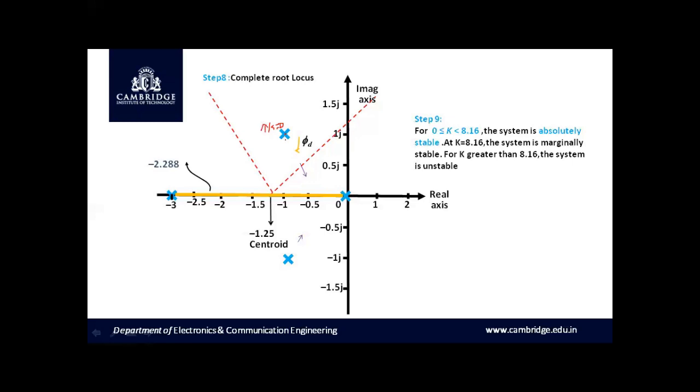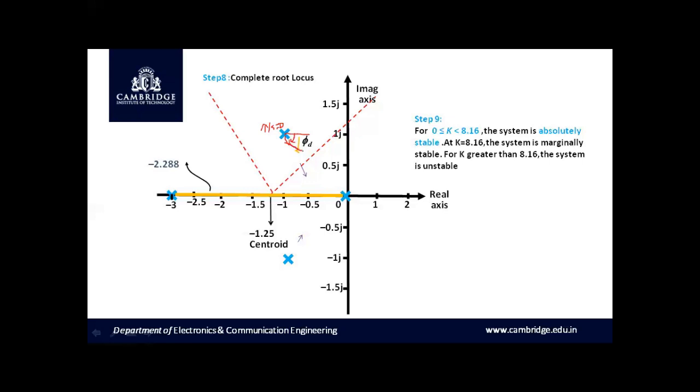And when k increases, there will be a movement of this complex conjugate pole directed by the angle of departure, which is exactly at minus 71.56 degree.